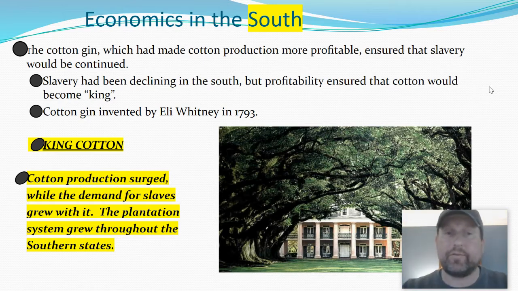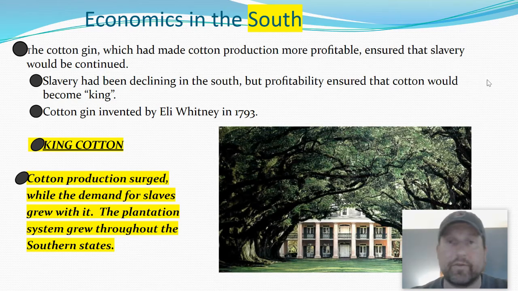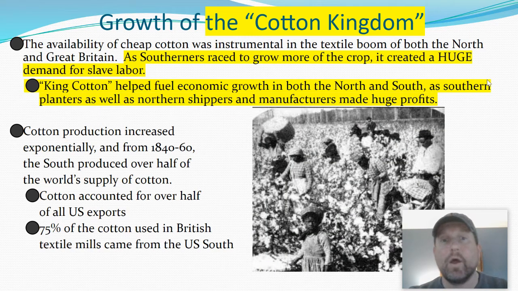And the production soars, and the demand for slave labor soars, and the system of slavery expands throughout the South. The entire economic system is dependent upon cotton and the slave labor.